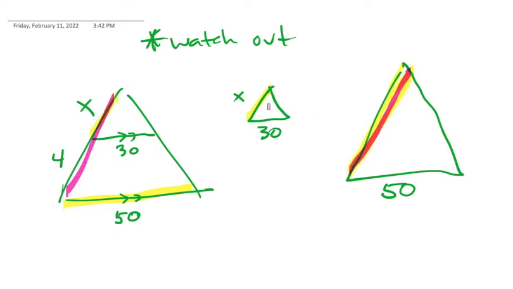This needs to match with X, not just a piece of it. Not just the 4, which is from here to here, a little small portion of it. So we actually would have to add these together: X plus 4. Now we could match them. X goes with x plus 4. 30 goes with 50. Let me show you it again in another example.